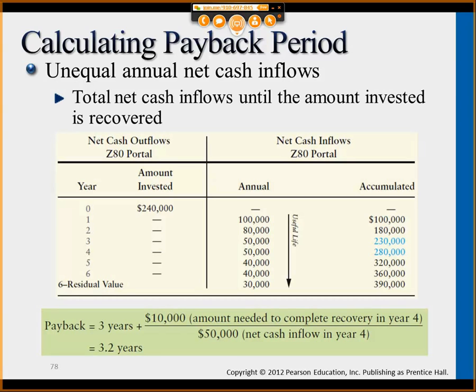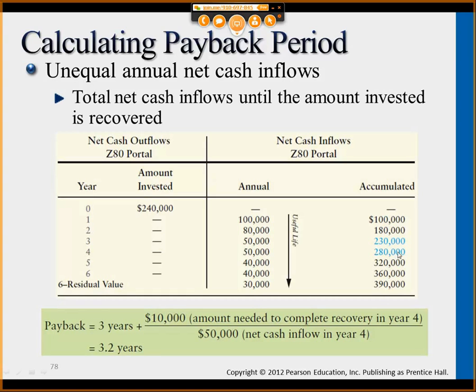Initially, they invested 240,000. I forgot to tell you this. So at year 3, we have $230,000 accumulated. Okay? So it's going to take us 3 years and just a little more.